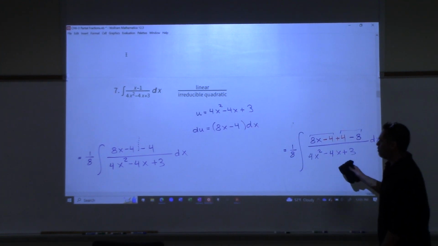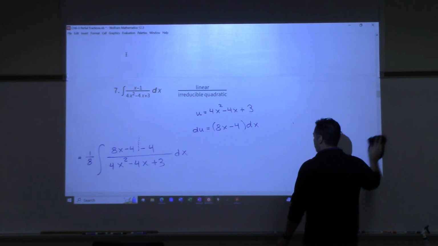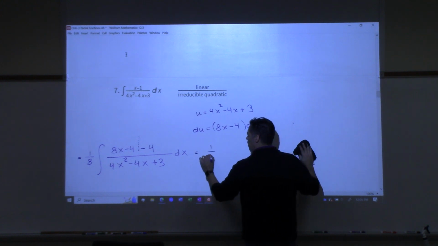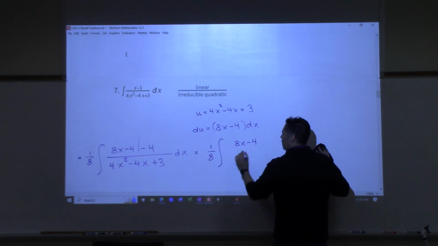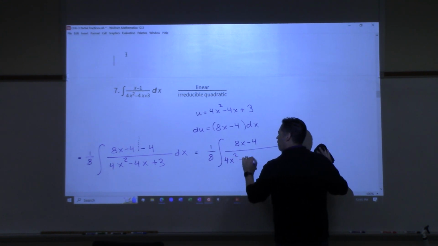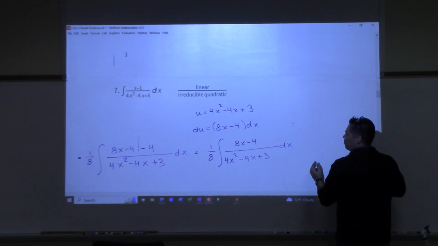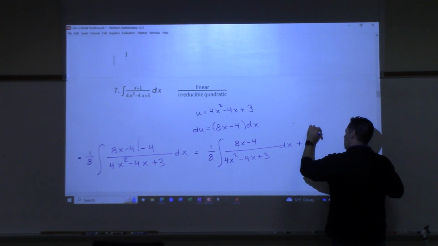Let me do the actual splitting. I'm going to leave that up there because I wanted that up there. I want to keep it there. So here we go. I'm splitting into two integrals. The first integral is this one. And then I'm going to write it this way, plus 1/8 integral.